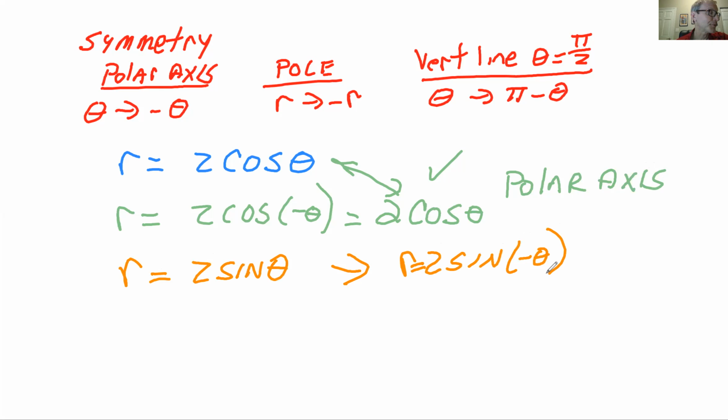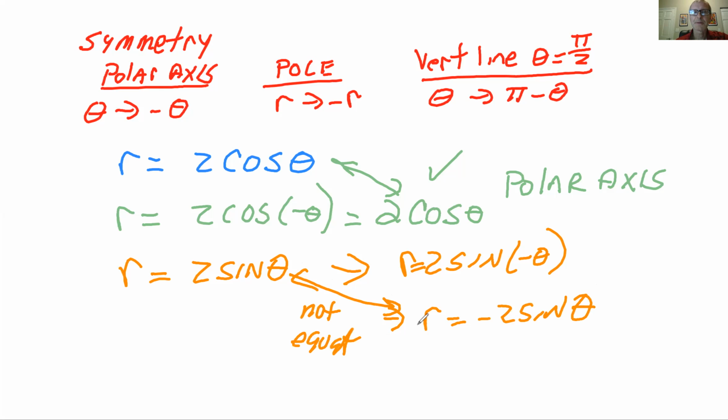So in the symmetry property, remember, sine of minus x equals minus sine of x. So this would imply r equals minus 2 sine of theta. So you can see that these two values are not equal. And so in that case, it is not symmetric around the polar axis.